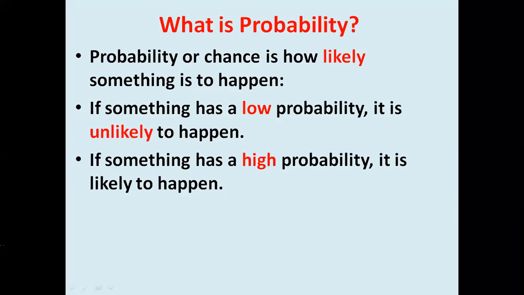So there's something called likely or unlikely. Likely, I think it's going to happen. It has a high chance of happening. Unlikely means it might happen, but I'm not so sure about that.